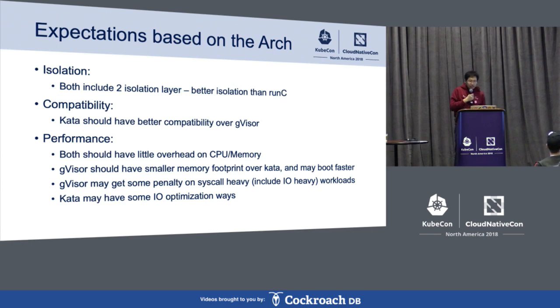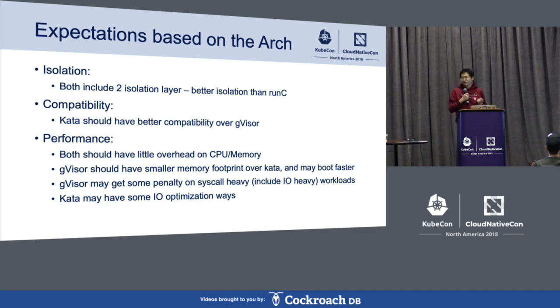And from the architecture, we can think both of the two runtimes include two levels of isolation, and they will have better isolation than runC. Yes, and I mean better, not absolutely secure.